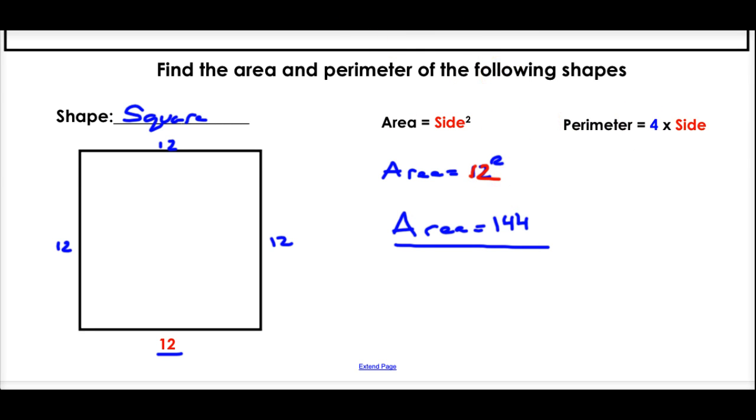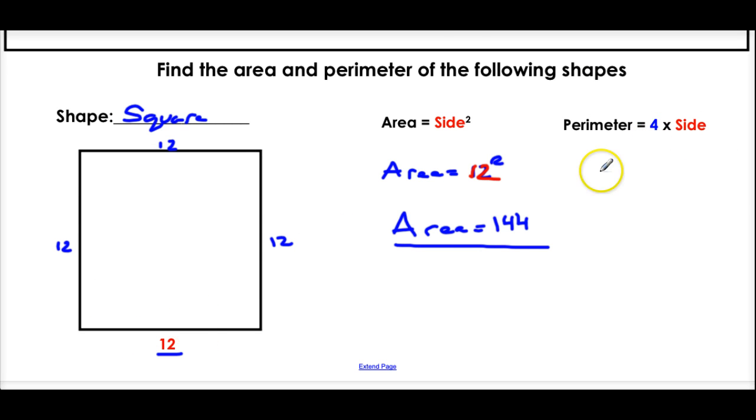All right, for our second one, if we want to find the perimeter, one thing I can do is just add 12 4 times, right? Because each side is 12, and if I want to find how much it is around, I just do 12 plus 12 plus 12 plus 12. An easier way to do that is just to do 4 times the side length, 4 times 12.